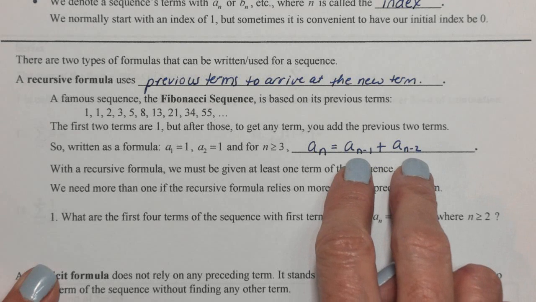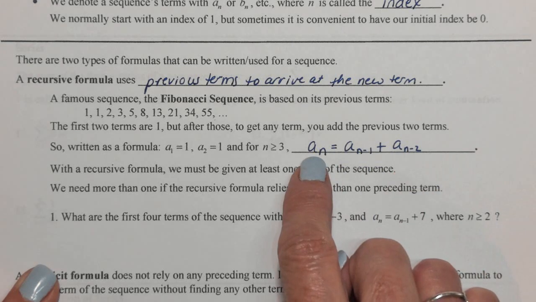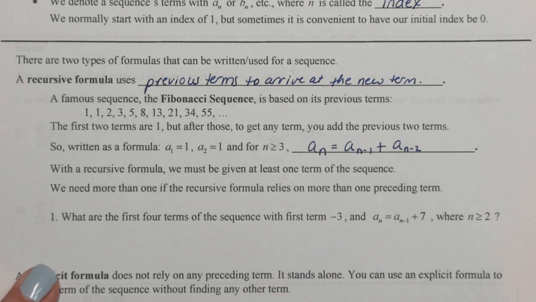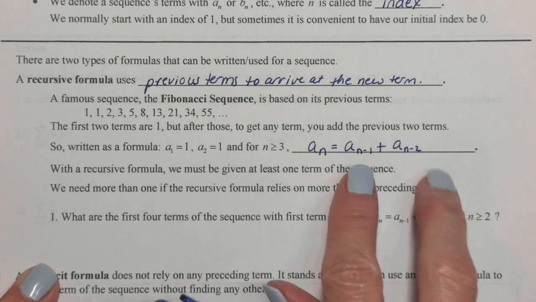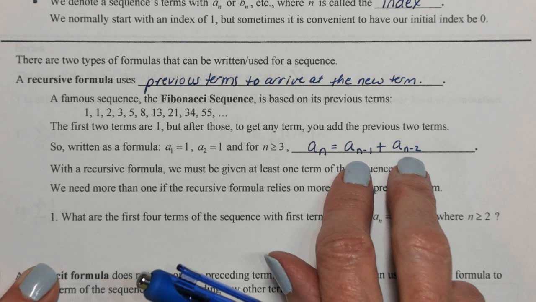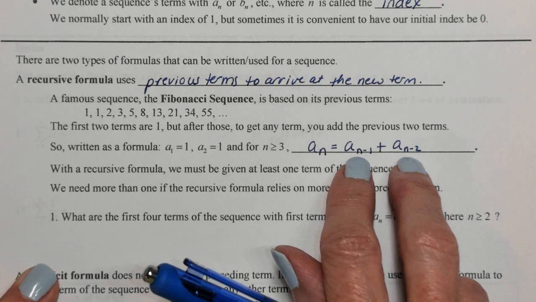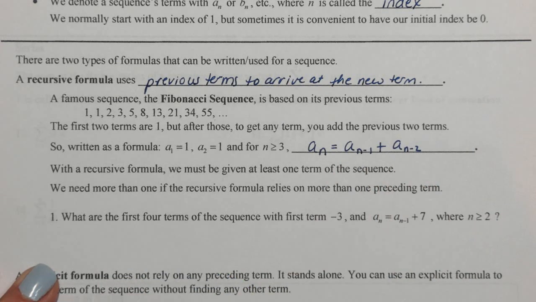These are the two terms in front of that term. With a recursive formula, we must be given at least one term of the sequence, depending on how many terms it's based on. However many terms it's based on, we need to be given that number of terms to obtain a new term.